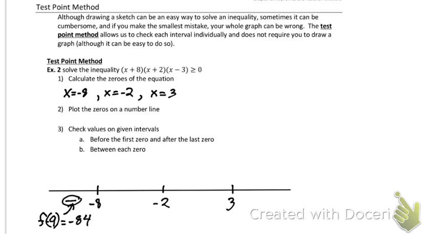Then we're going to test one point here. If this point is positive or negative, the whole section will be the same. I picked f of negative 4, so we're going to check f of negative 4. I got out a positive 56.